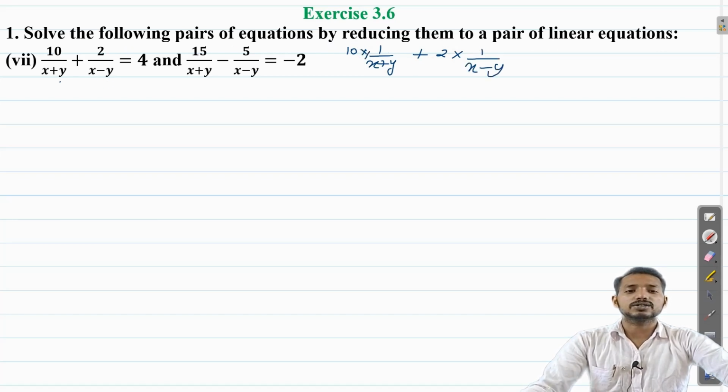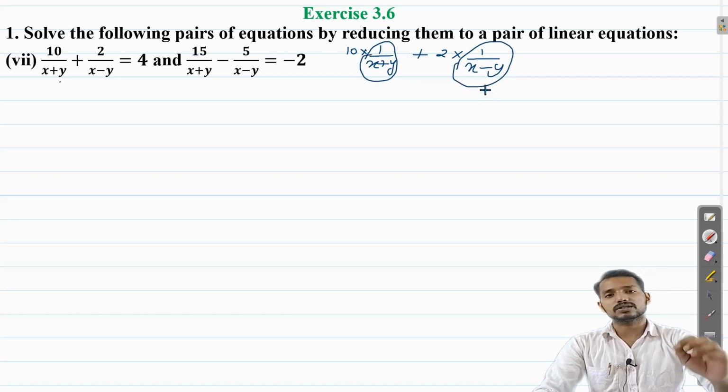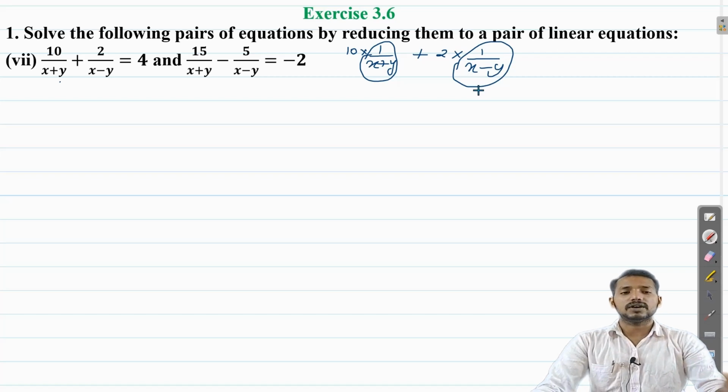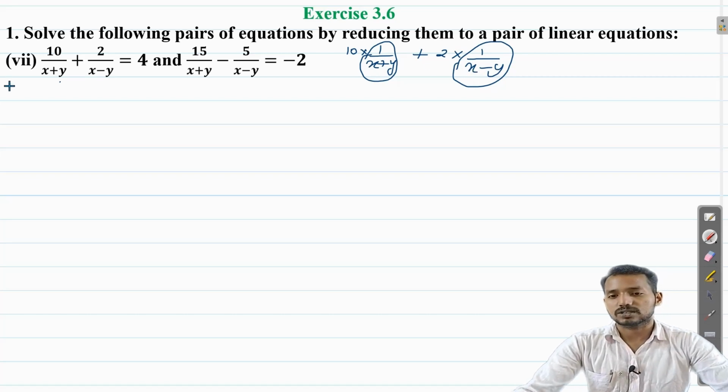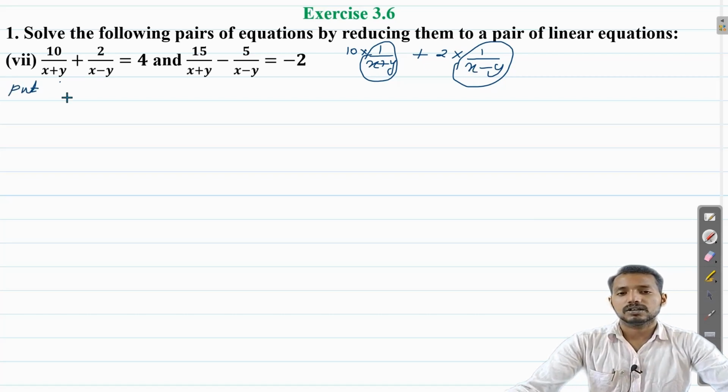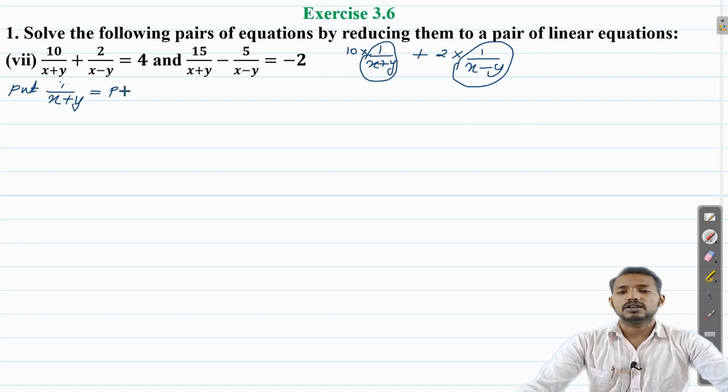So we need to substitute for 1 by x plus y and 1 by x minus y. First step is put 1 by x plus y equal to p. Also substitute 1 by x minus y equal to q.